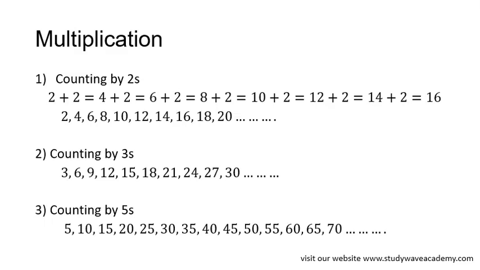Okay, very good. So now we are going to be using skip counting to multiply. We have counting by twos. Adding 2 to each number you get.